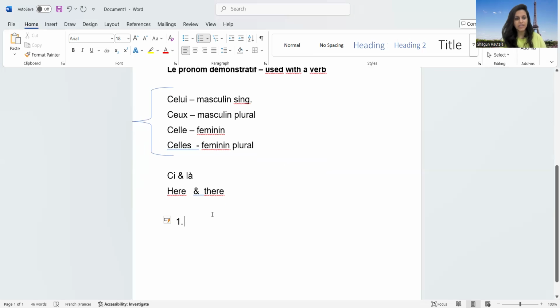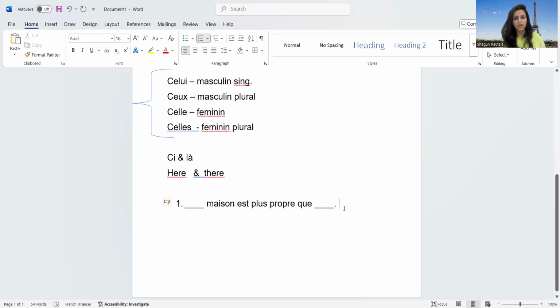Okay, so let's see. First part, dash, maison est plus propre que dash. Okay, so we'll see this example: dash maison est plus propre que dash. So adjective and pronoun you have to fill here. If you see this, after the blank, there is a noun. So when I'm talking about the noun for the very first time, I'm going to put an adjective, of course.